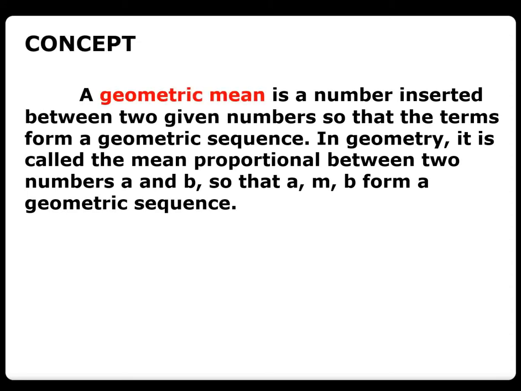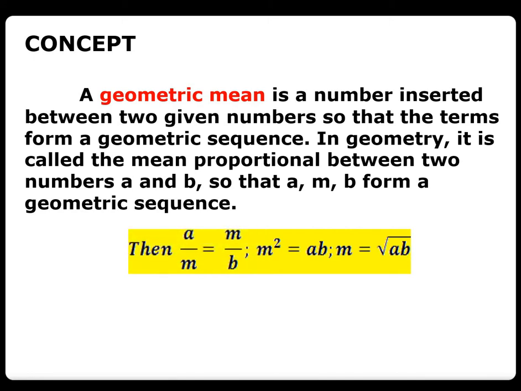Let's have the concept of geometric mean. It is a number inserted between two given numbers so that the terms form a geometric sequence. In geometry, it is called the mean proportional between two numbers a and b so that a, m, b form a geometric sequence. So in symbols, a over m is equal to m over b.